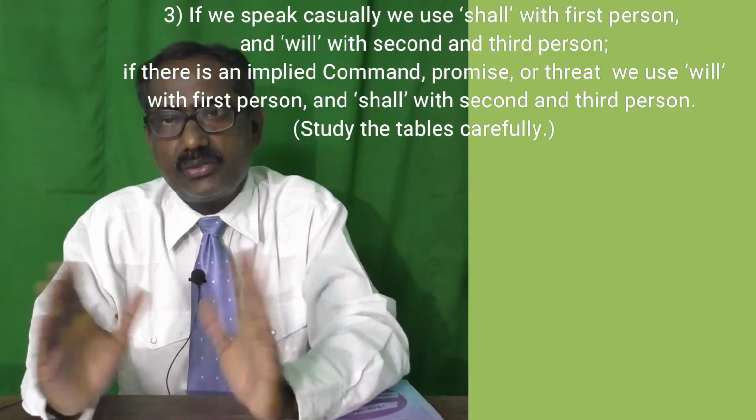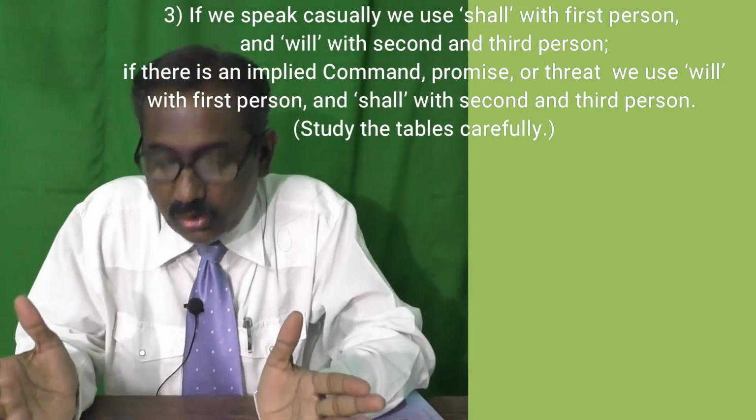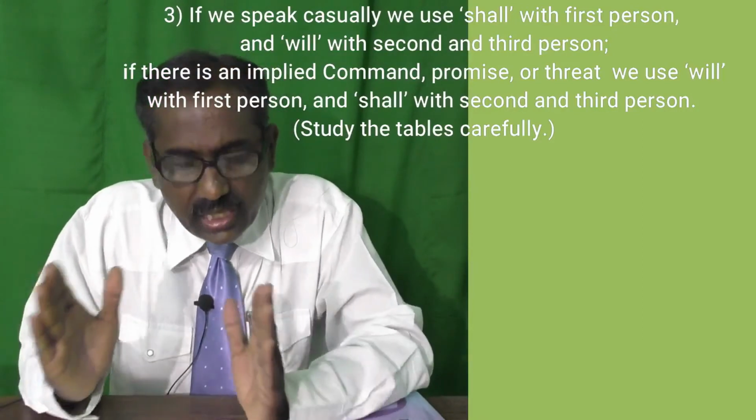Okay? I think that you can understand what I say here. This is the rule of will and shall. And the fourth one is, to know about shall and will and would, shall and should rules, you can learn all tenses rules, and also you can learn all these things very clearly when I teach you modal verbs, or modal auxiliaries. You can learn these things when the chapter comes to you.